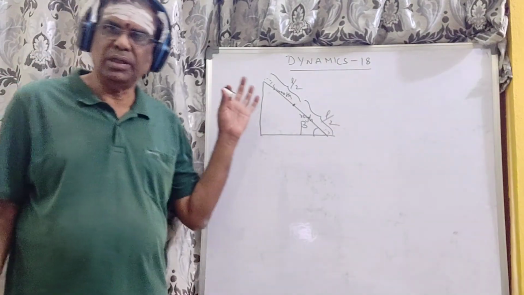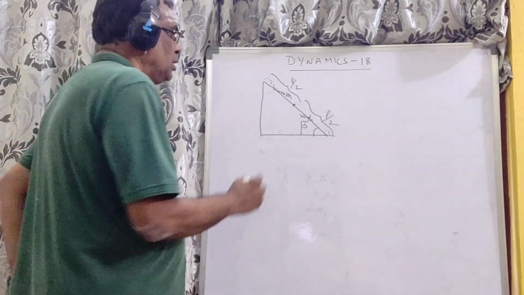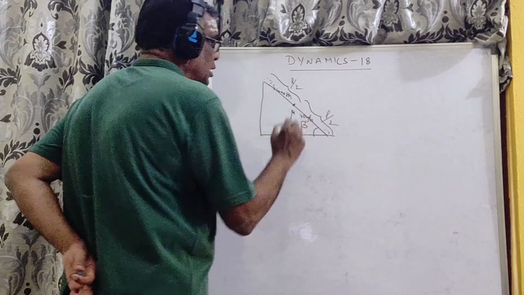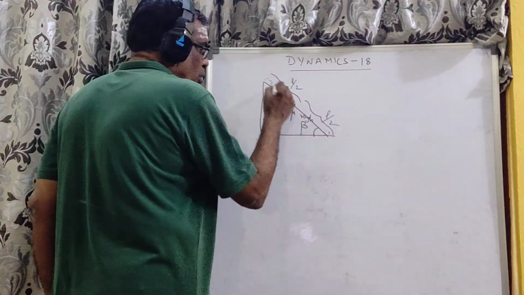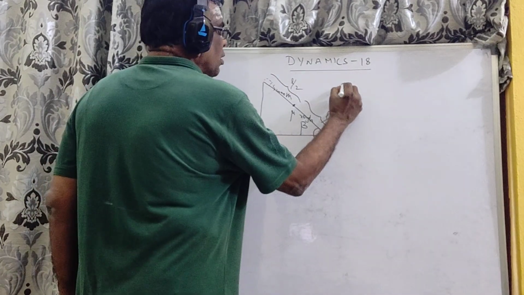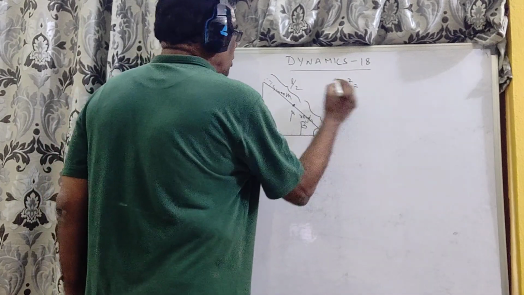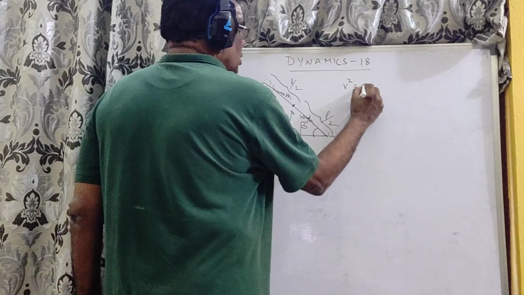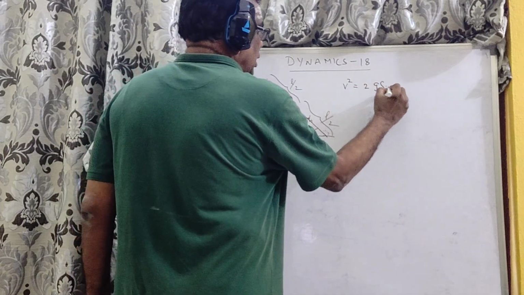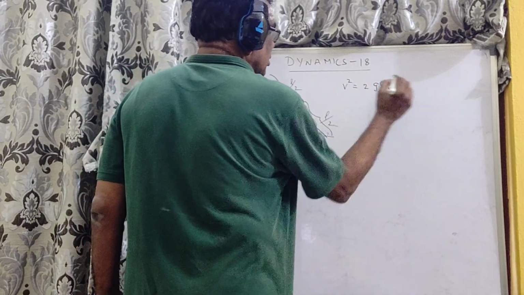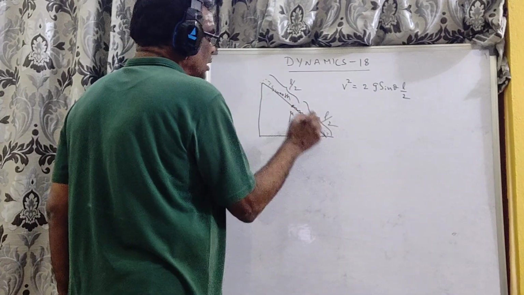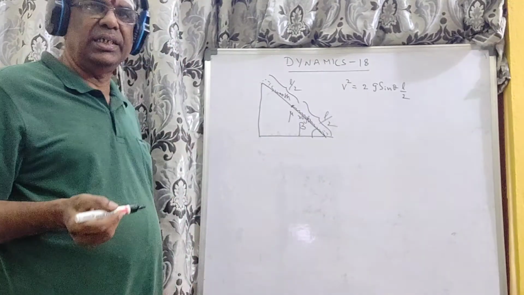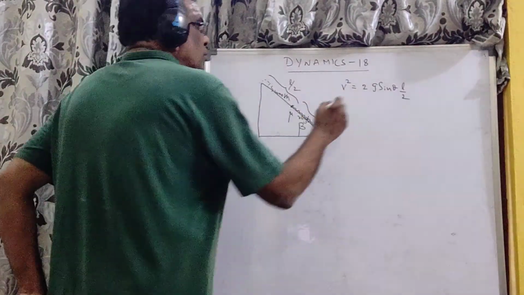I hope you're able to get this. The coefficient of friction here is mu. And now, by the time this body enters here, v square is equal to 0 square plus 2as. This is the velocity with which body enters here. That becomes the initial velocity here.